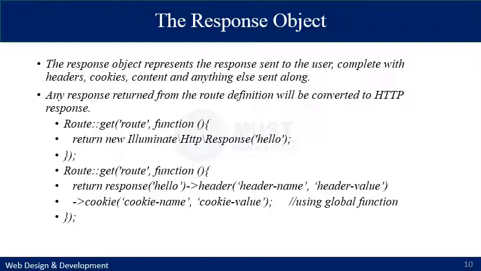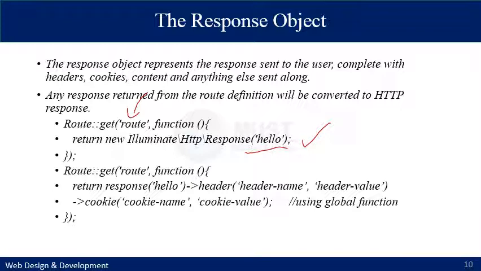The response object represents the response sent to the user, complete with headers, cookies, content, and anything else sent along, such as files, pages, etc. Any response returned from the route definition will be converted to an HTTP response. This is a simple way to send a simple hello response back to the user. Whenever the user accesses the root of your route, you want to send a hello back to the user.